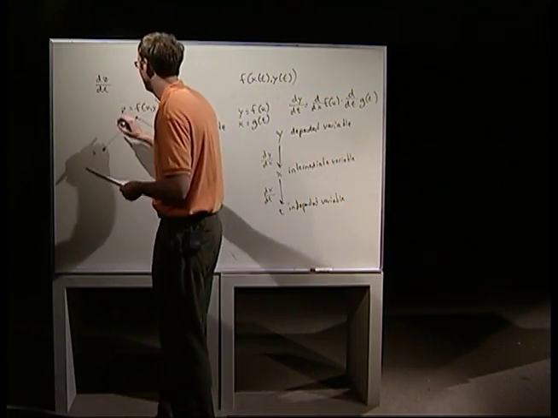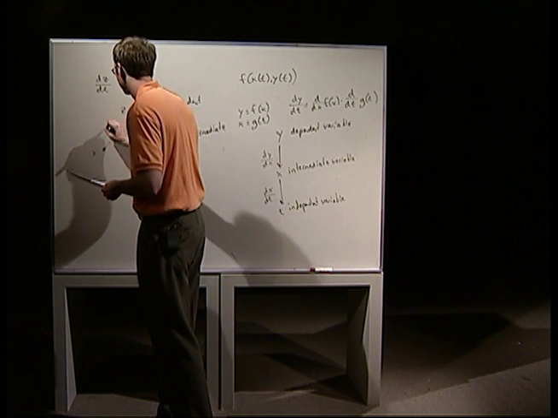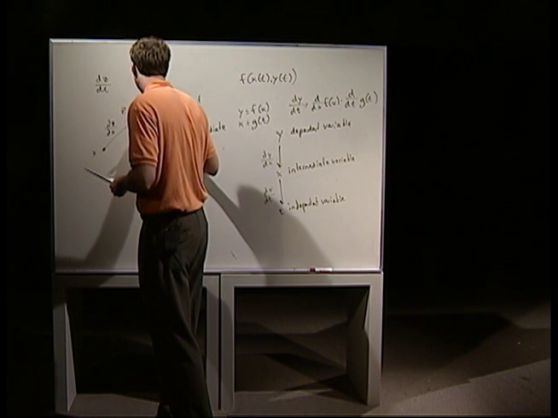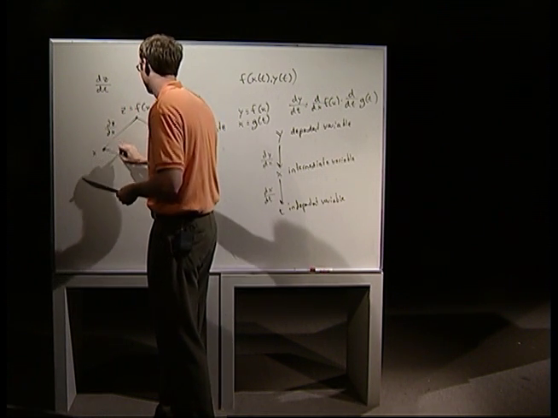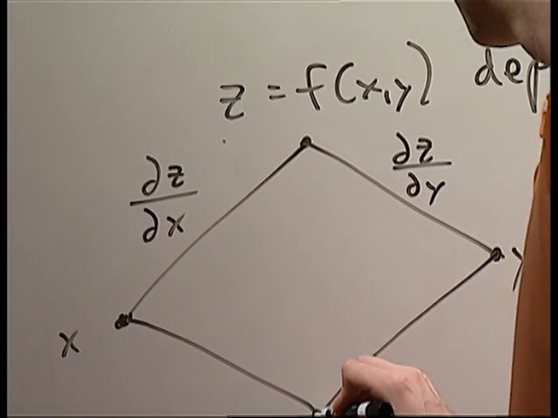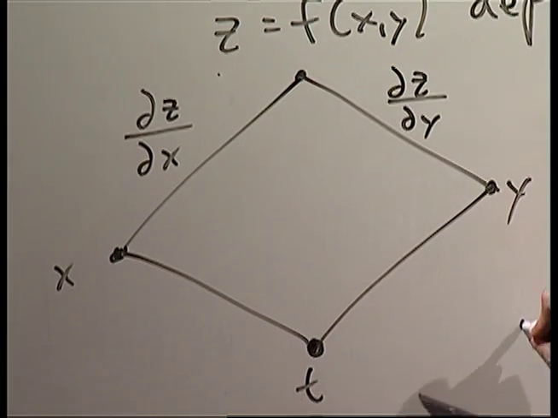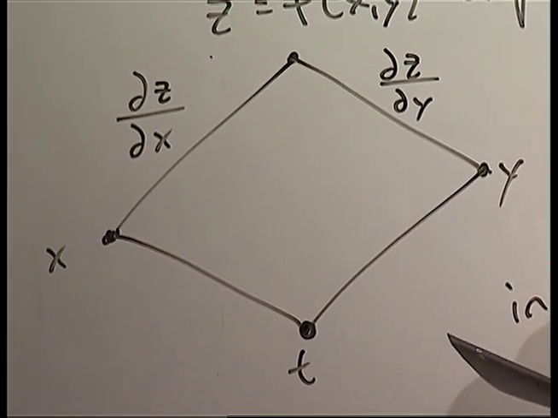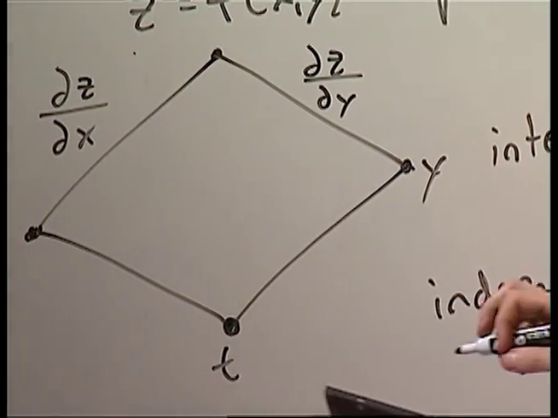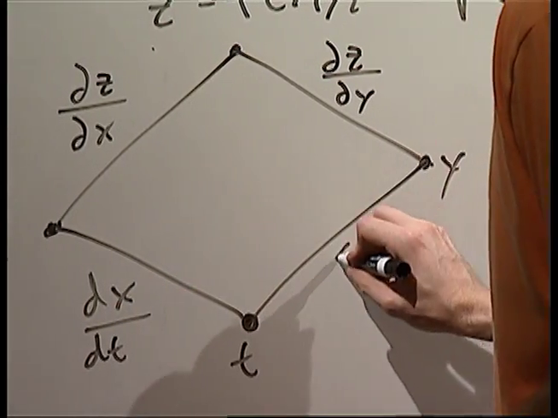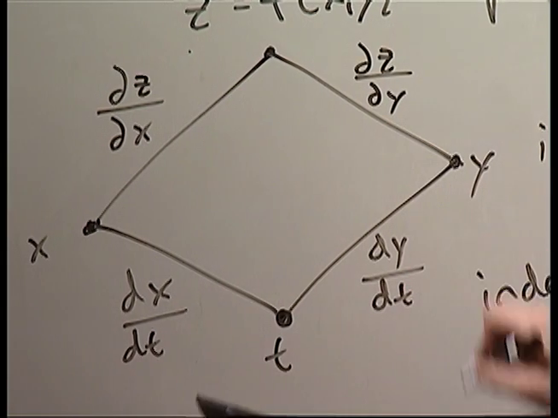And along the way, we know that the derivatives we pick up are partial z partial x and partial z partial y. All right? And how do we come back together at the end? Right? X and y both depend on t, which is independent of everybody. And what are the derivatives down here? dx dt, dy dt.